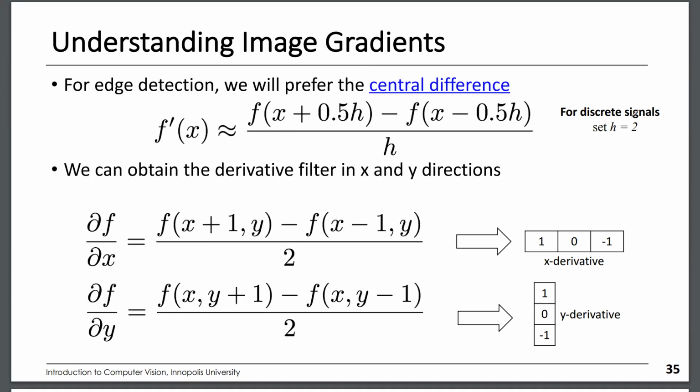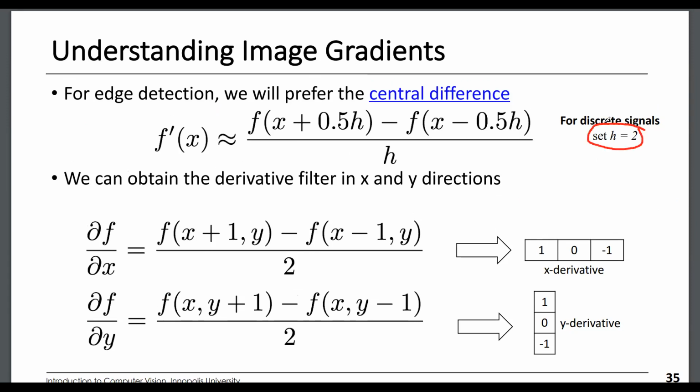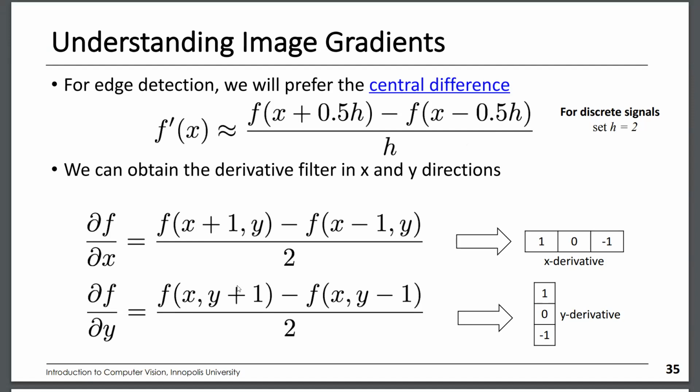Here we are setting the value of h to be equal to 2. Why? Because the central method does not work with 1. If it was able to work with 1, we would have used 1, but sadly it does not. So we would have this as the formula for the first derivative.